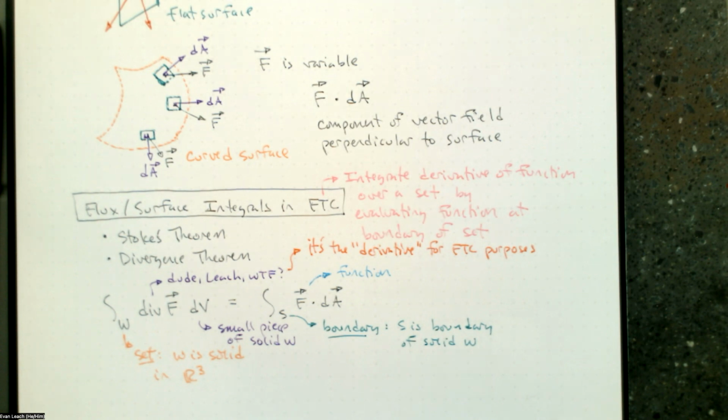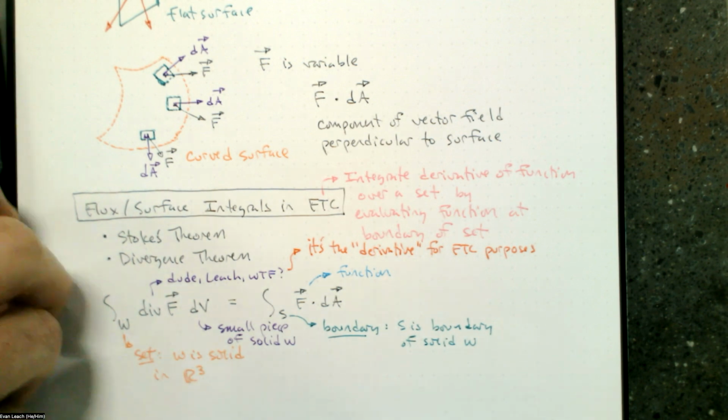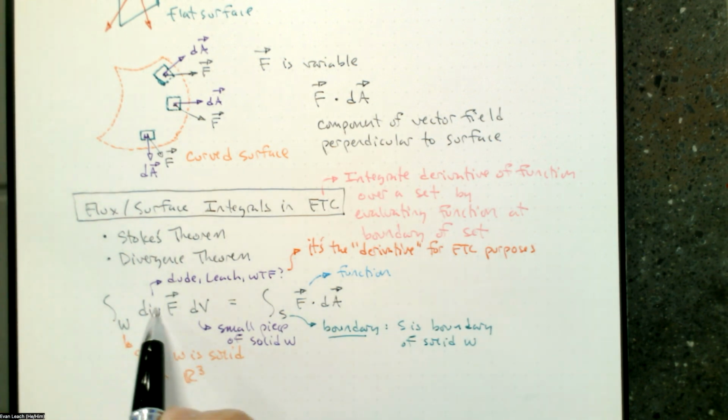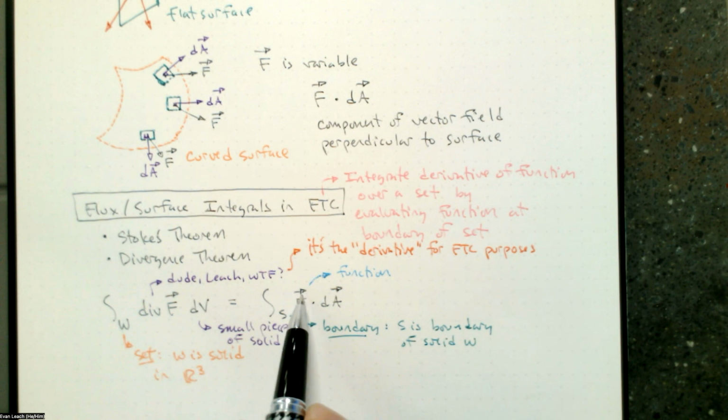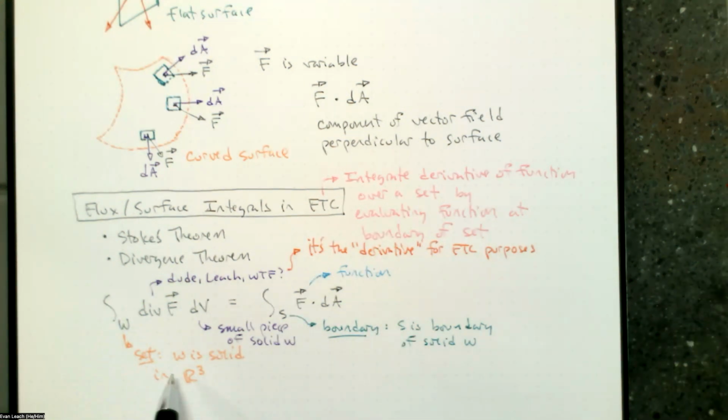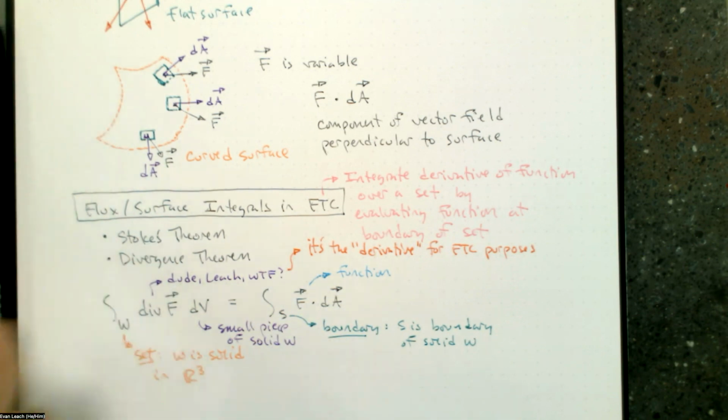So that's how this fits the description of a fundamental theorem of calculus. We're integrating the derivative of some function over a set by evaluating the function at the boundary of the set.